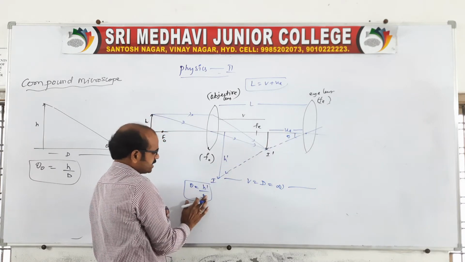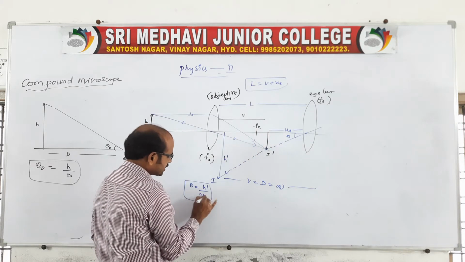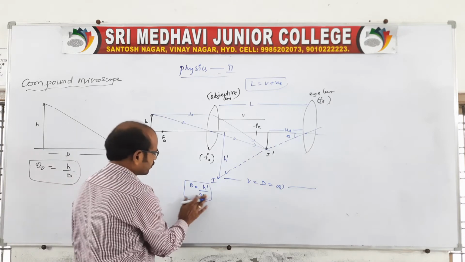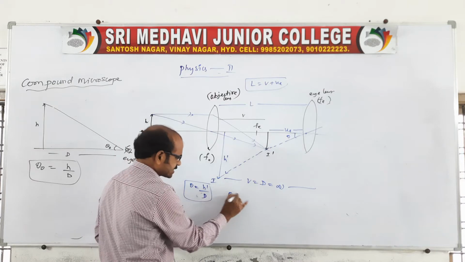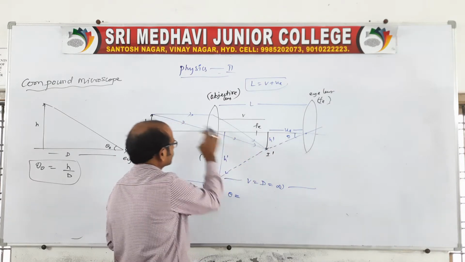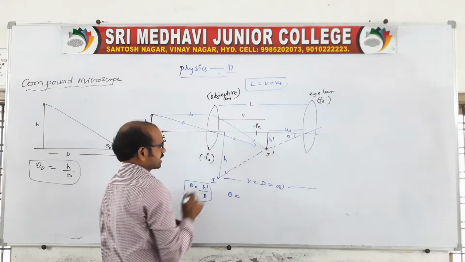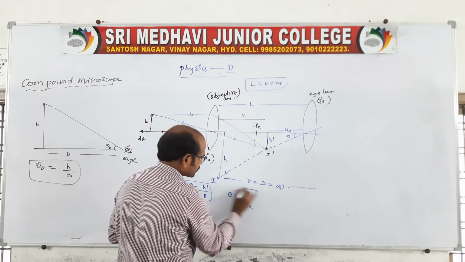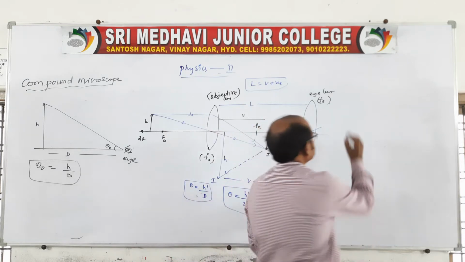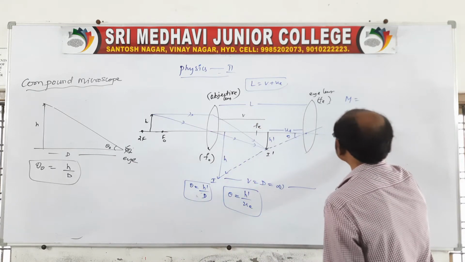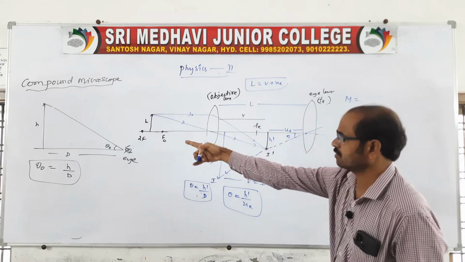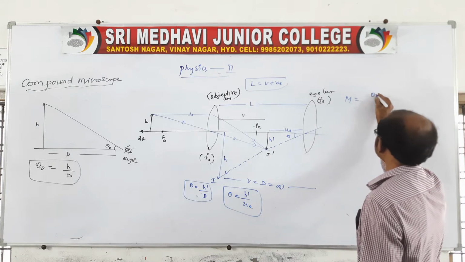No problem, because it is a ratio of h dash by the object distance, or if you want to write it, it is only d. In the same sense we can also write h dash by ue, because this is formed by the image of height h. Therefore there will be a magnification, capital M is equal to the visual angle with the instrument to the visual angle with the naked eye, that is theta by theta naught.